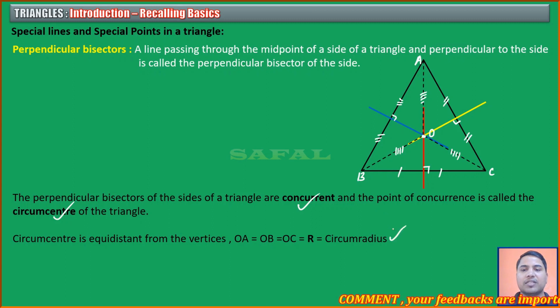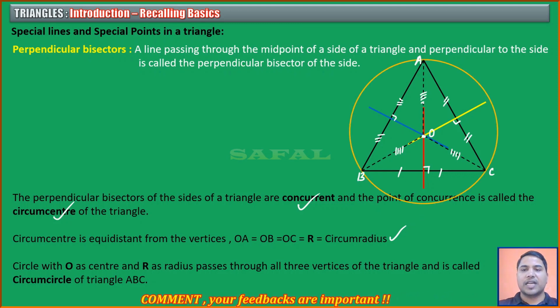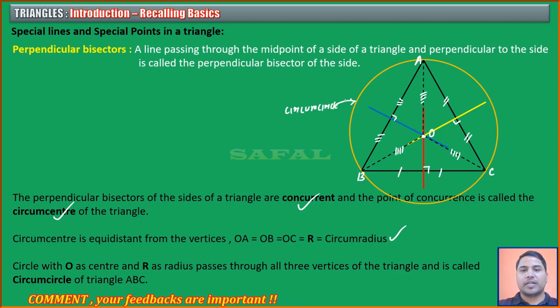And this equal distance we call circumradius. Now taking O as center and R as radius, we can draw a circle which will pass through all the three vertices, and this circle we call circumcircle of triangle ABC.